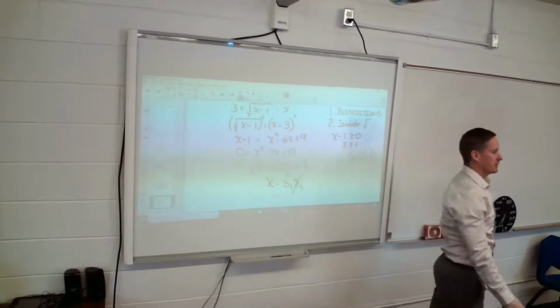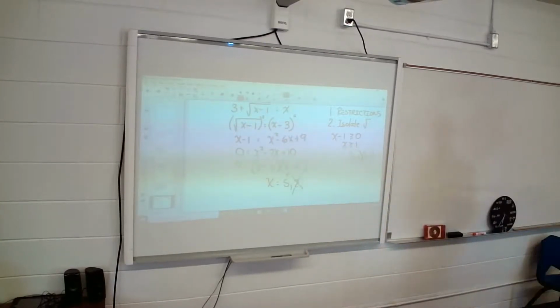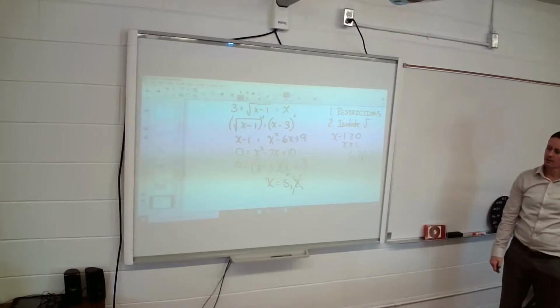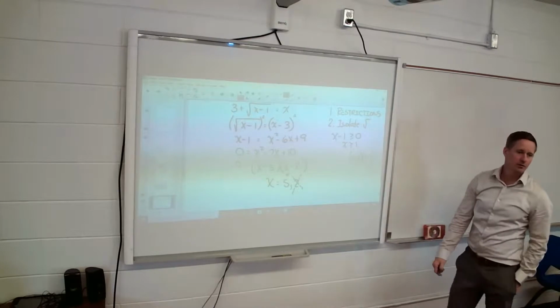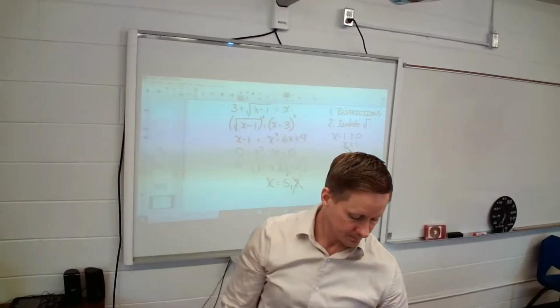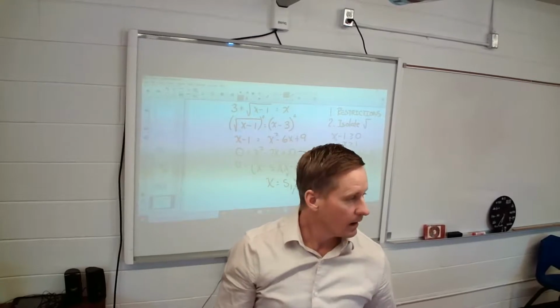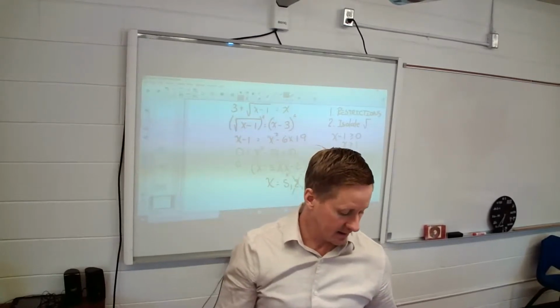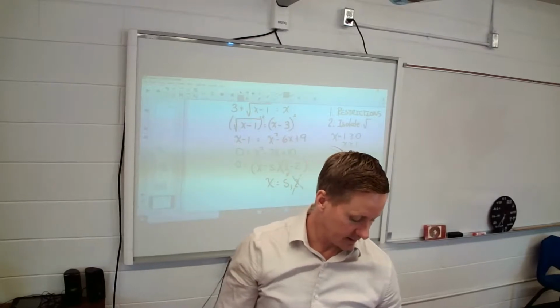That's our extraneous root. So you have one solution for this question. I put the dotted X through the 2 to show that it doesn't work as a solution. Are we okay? Tomorrow I'll show you the one that gets even more complicated, but that's good for today.